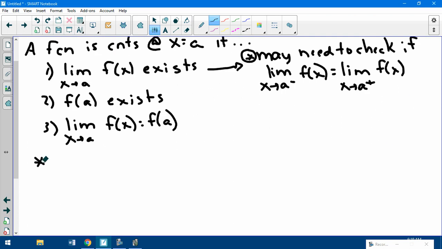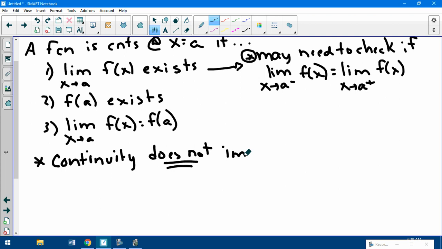Two notes with continuity, and I'll give you an example. Continuity does not imply differentiable. We've seen that a couple times this year. Just because a function is continuous does not mean it's differentiable. What's the easiest counterexample to that?